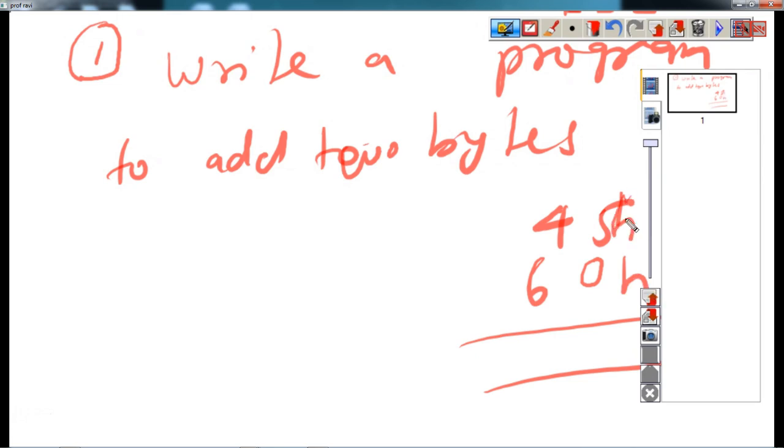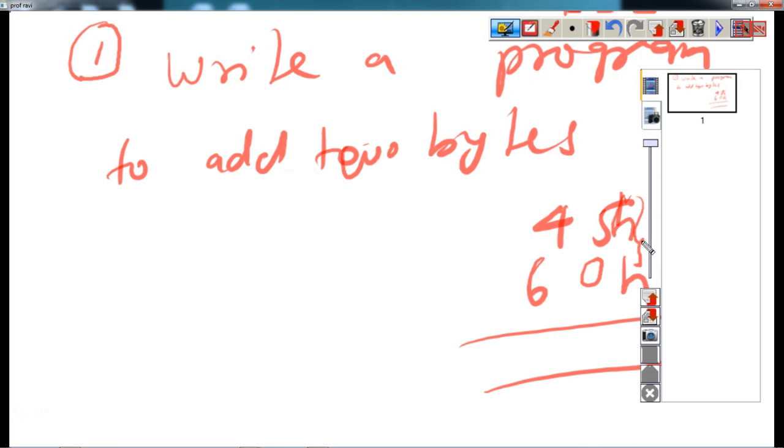These are hexadecimal numbers, you can consider. So these 2 bytes I have to add, and I will use this example to explain what these addressing modes are. So my task is to write a program to add these 2 bytes.